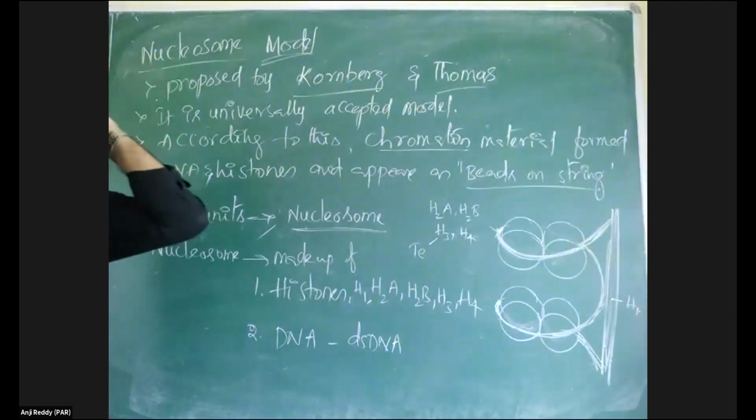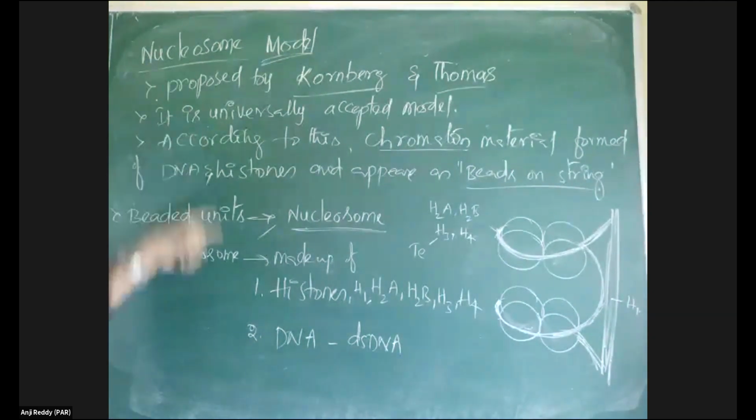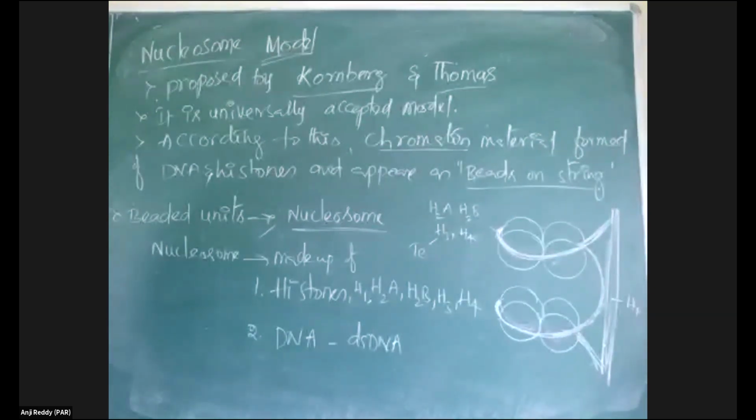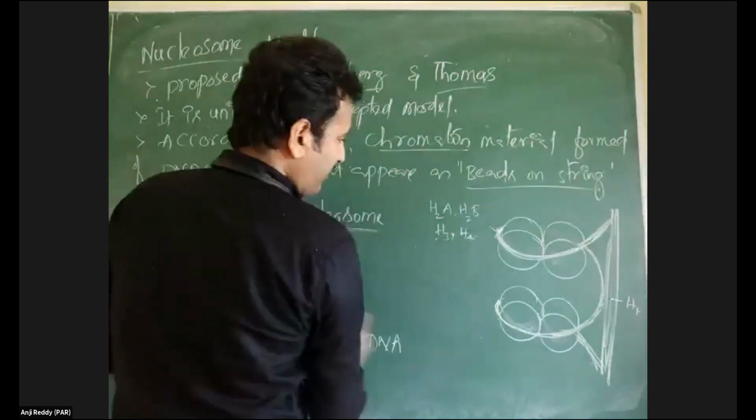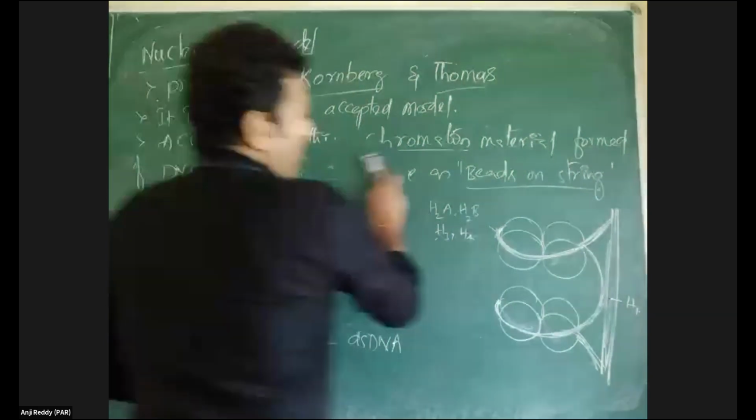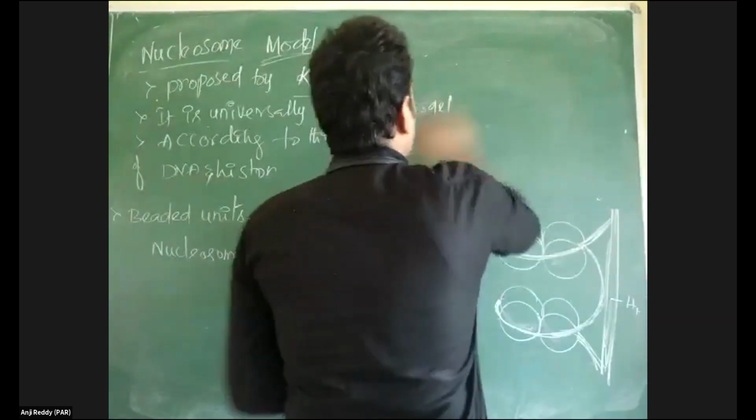Okay? Can I erase the points to explain the diagram? H1 I will explain. The diagram will be there. I won't erase the diagram. With the help of the diagram, I will explain the structure now.